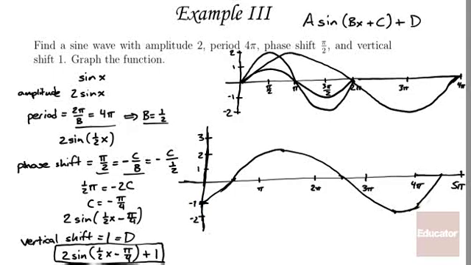So let me draw this last final curve in red. Everything gets moved up by 1 unit. So I'm going to plot some points here, moving everything up by 1 unit.